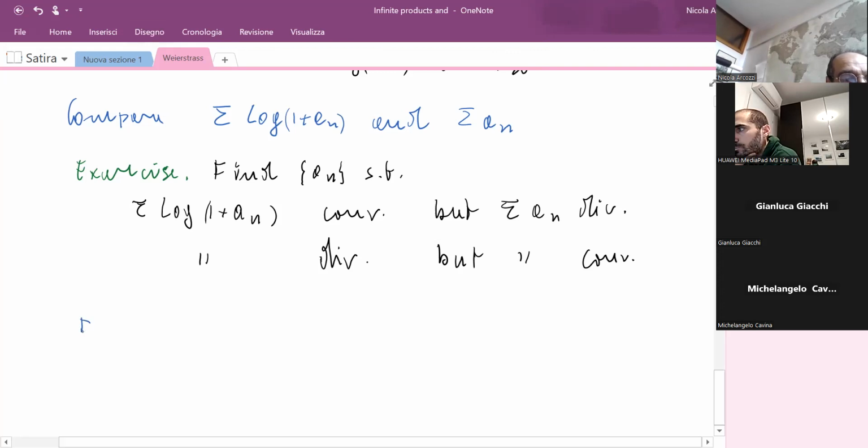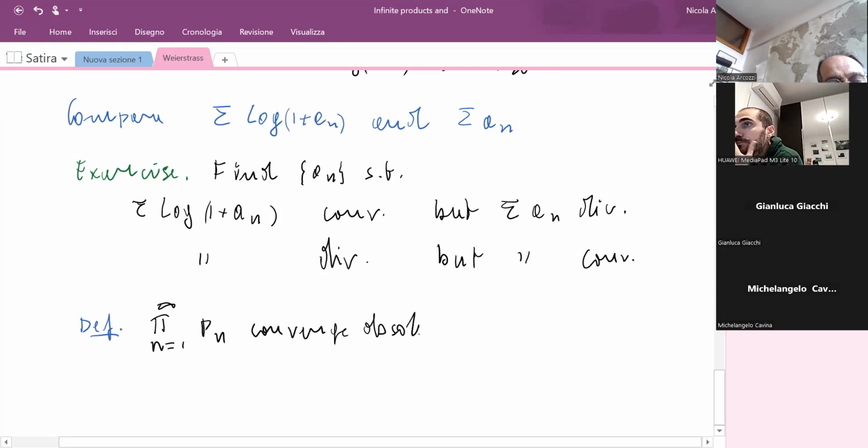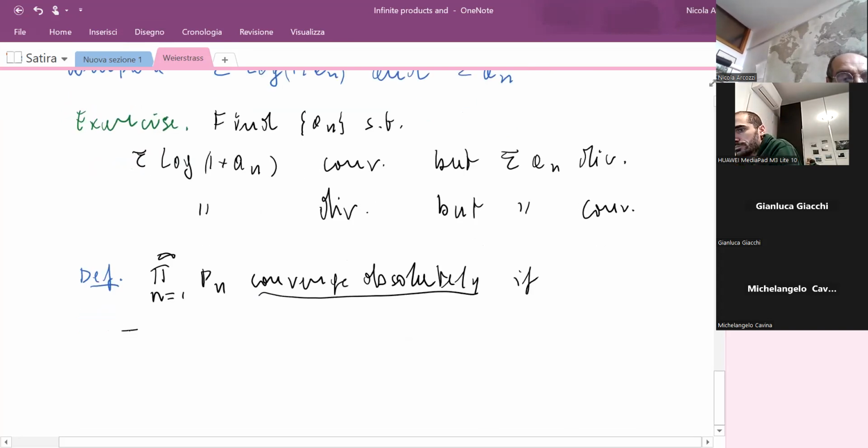The definition: we say that the product for n from 1 to infinity of p_n converges absolutely if the sum of the logarithms converges absolutely in the usual sense.